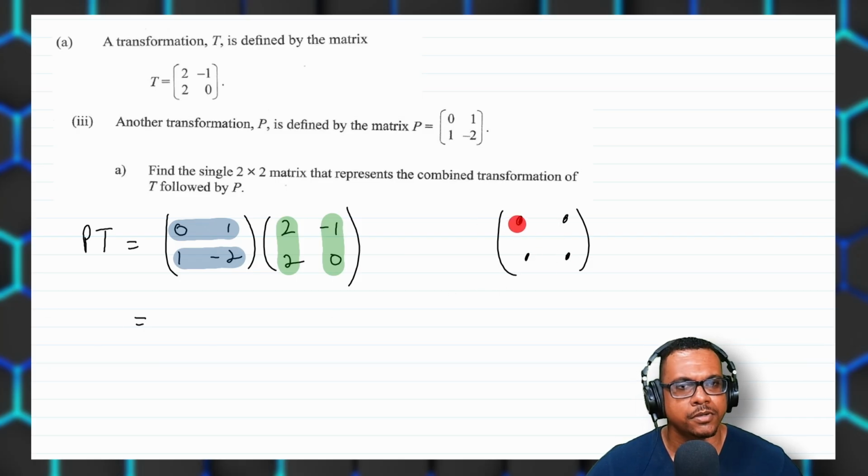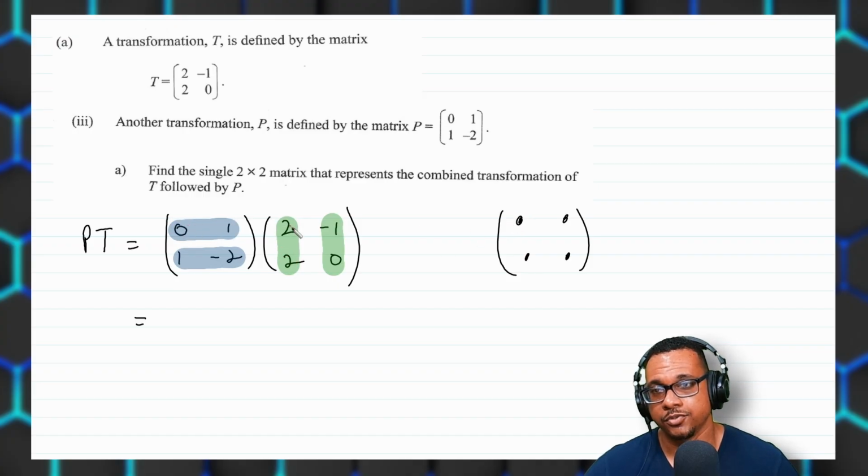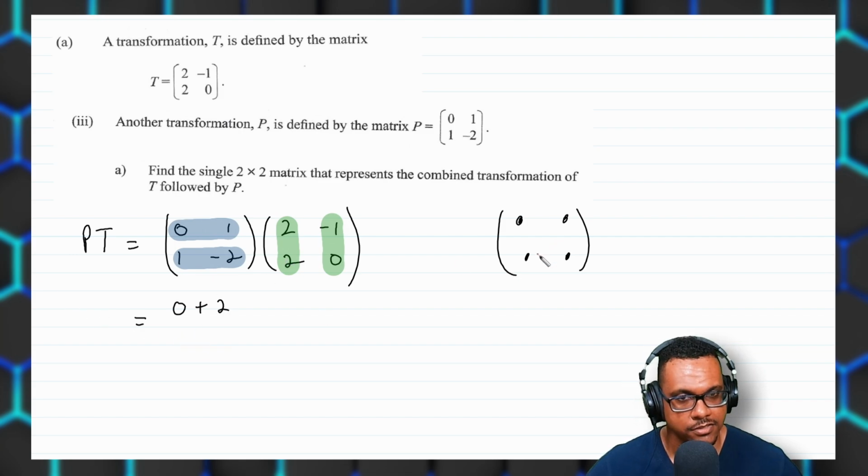Now this first number here is in the first row, first column. That's why I'll multiply the first row by the first column to get this number. So 0 by 2 plus 1 by 2. That's 0 by 2, which is just 0, plus 1 by 2, which is just 2. Now if you want the number below here, this is in your second row but your first column.